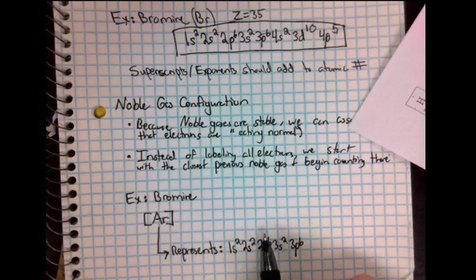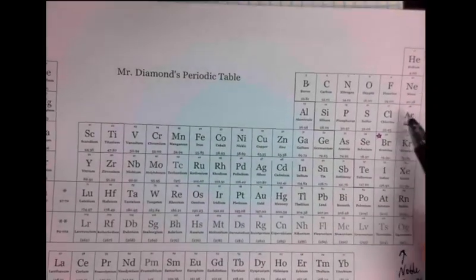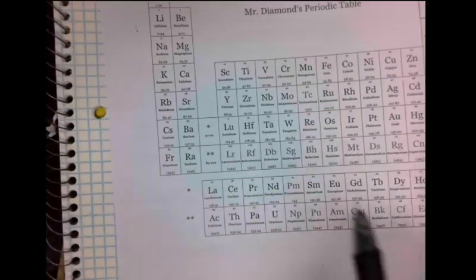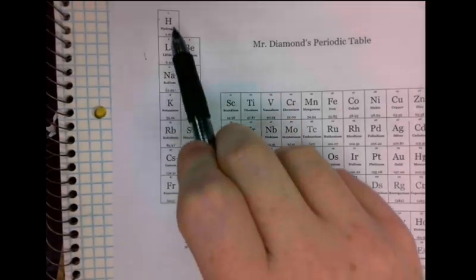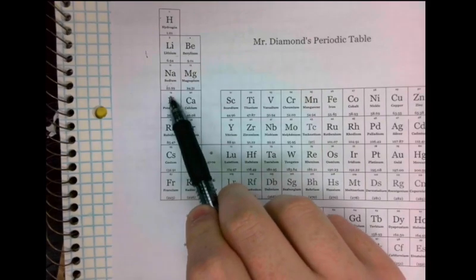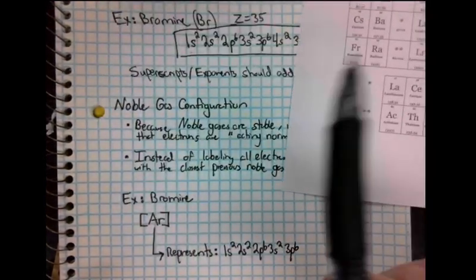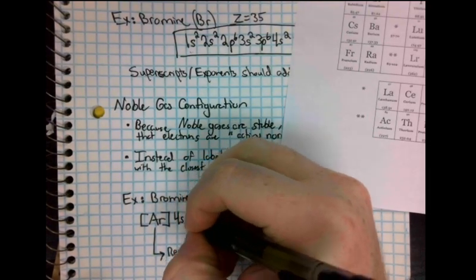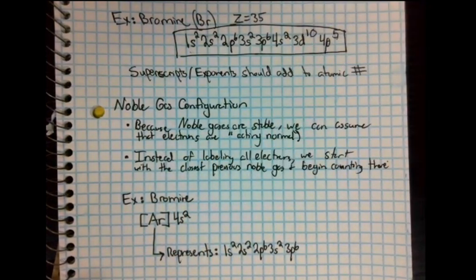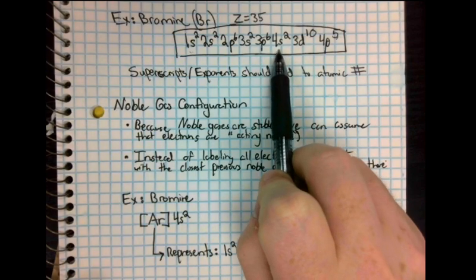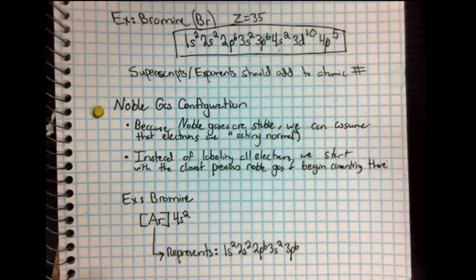So starting after argon, going to the next thing, argon was number 18. Number 19 is over here. It's potassium. And that is 1, 2, 3, 4 S2. And you'll notice that we now get to just basically pick up from where that started right here. So it would be 4s2.